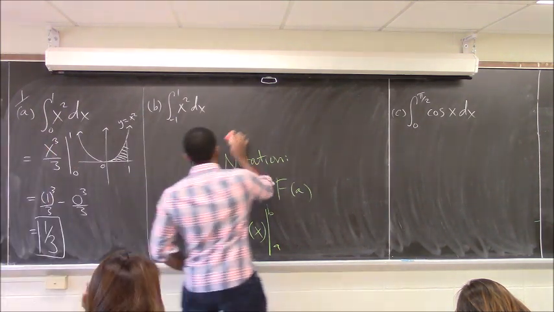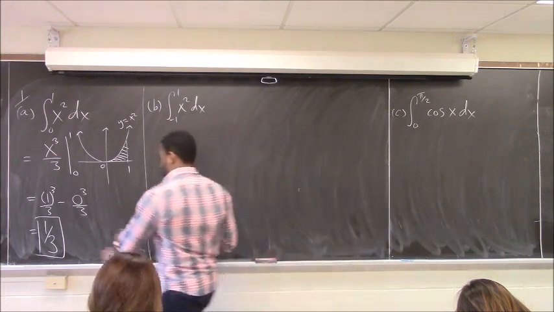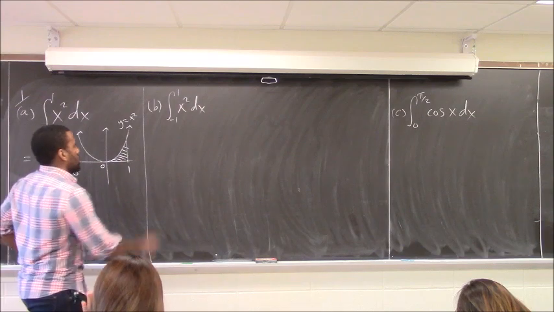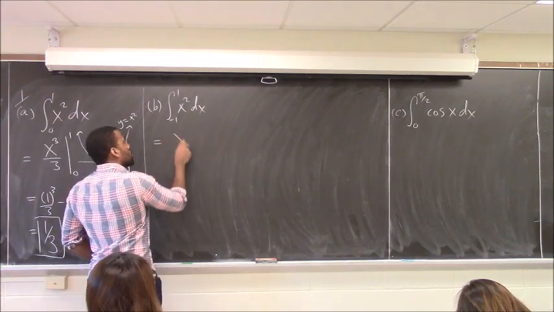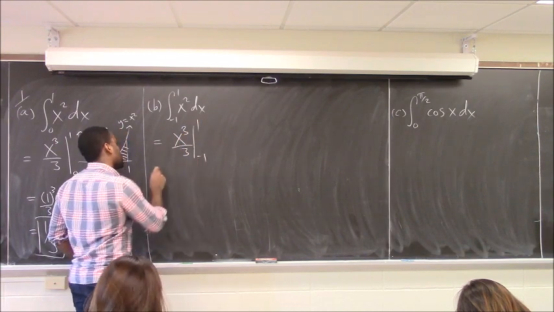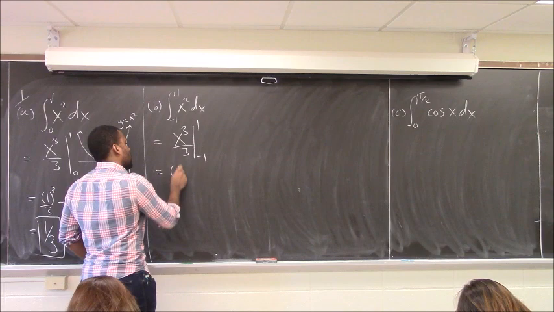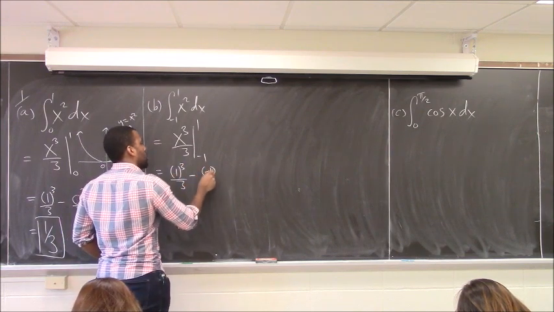This one, of course, is very similar. This would be the antiderivative, which we know from the power rule for integrals. With those numbers, you plug in 1 minus, you plug in minus 1.